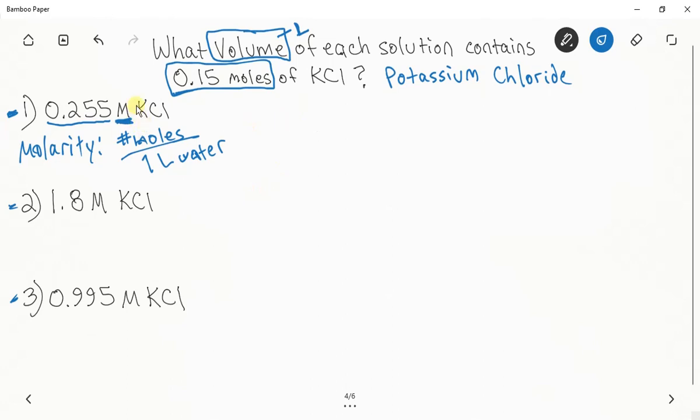And so if we have a 0.255 molarity, that means that we have 0.255 moles in 1 liter of water.